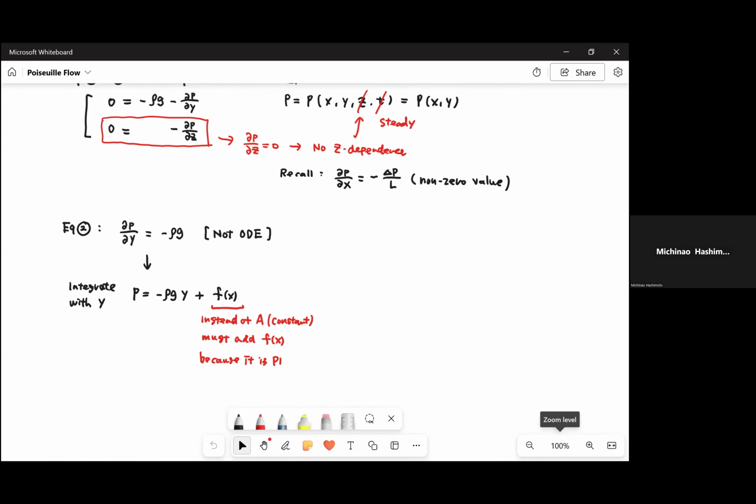Okay, the last part here is that when you integrate this PDE, because it's not an ODE, we have to add f(x) instead of the constant. Okay, because it's a PDE.